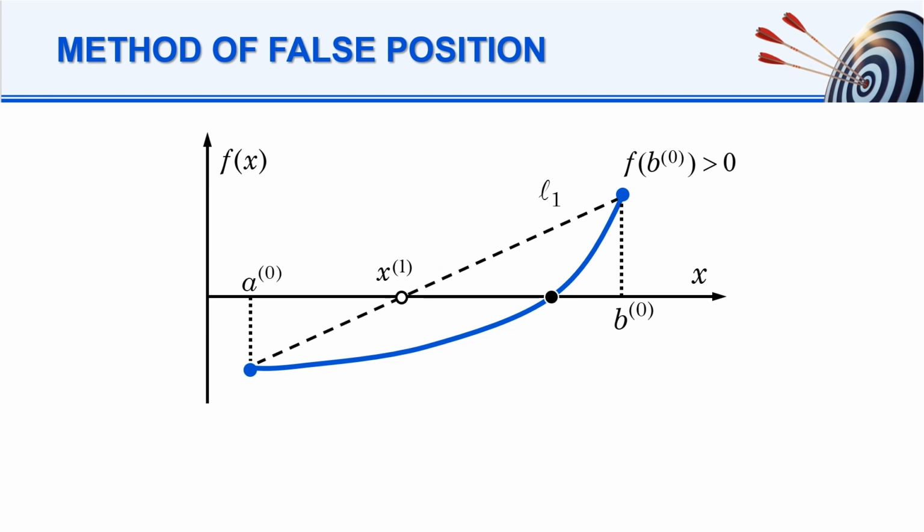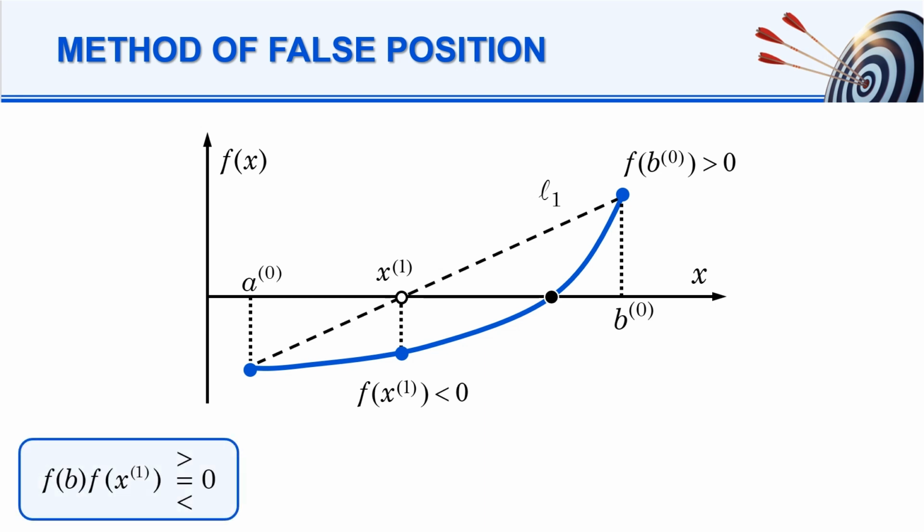We need to determine in which interval the root lies. Here, we are visually able to determine that the root lies on the right side. A computer cannot make a visual determination, and it will require specific instructions to decide on how to narrow down the interval. We will check to see if f(b) times f(x1) is greater, equal, or less than 0.